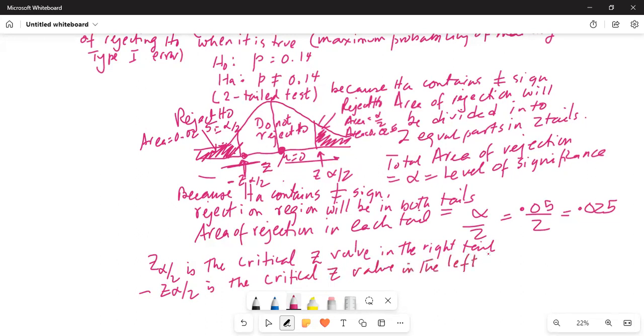Question is, why are they called critical values?